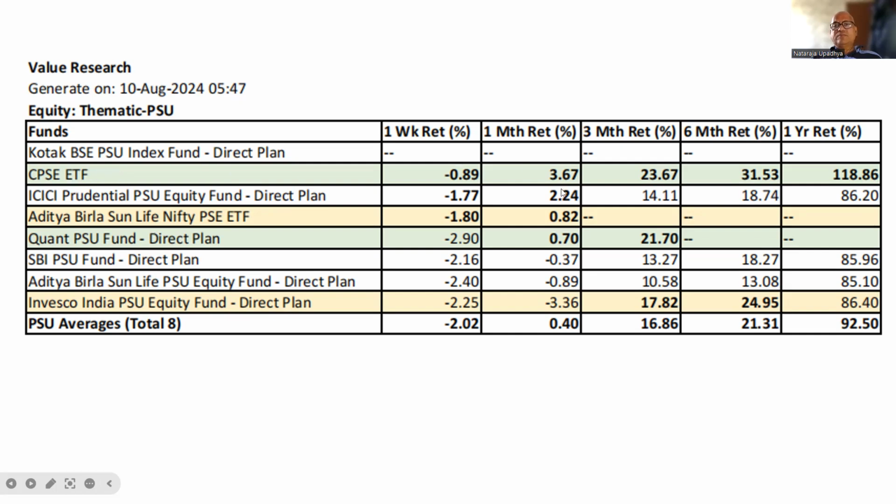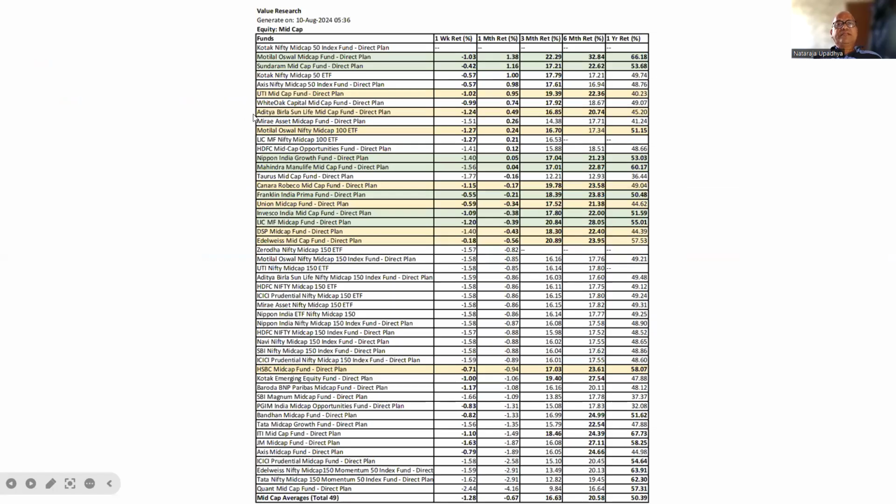CPSE ETF gave 3.67% return for the month and 118.86% for the year. Quant PSU fund gave above zero return for the month, and it's a new fund, so we don't have data beyond 3 months. The 3 months returns are reasonably good, 21.70%. So next we'll go to mid-cap funds.